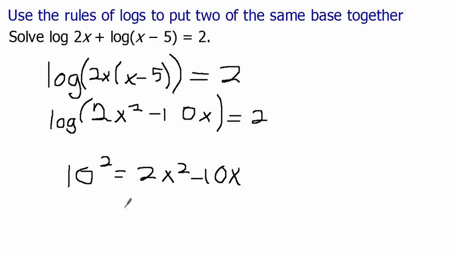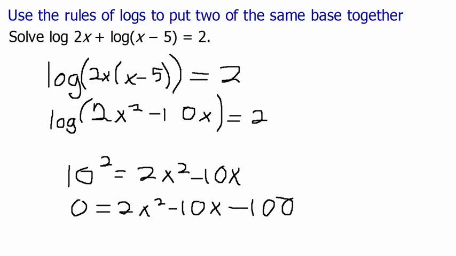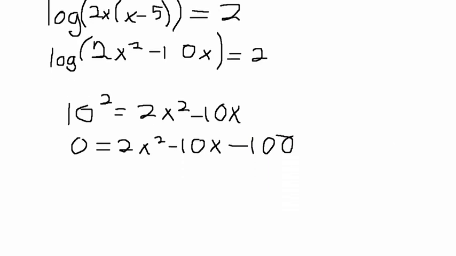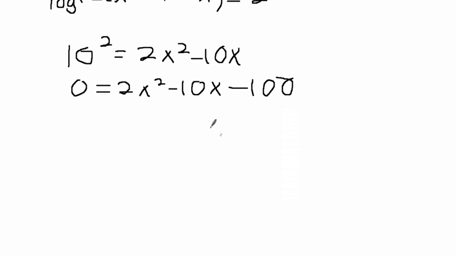And in this particular case, I'm going to move everything to one side of the problem. So 0 equals... And how can I solve that? All of your methods of solving quadratics. I'm going to divide everything by 2.